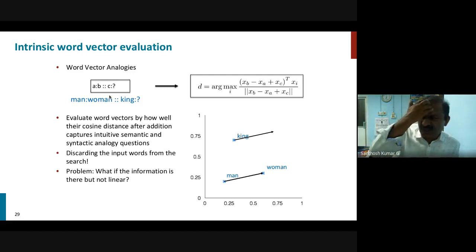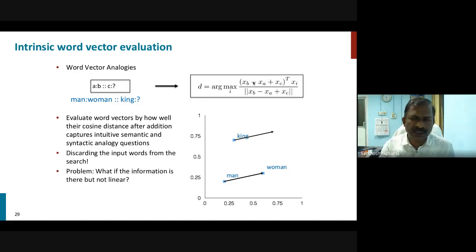So our goal is to see the difference between these two vectors.